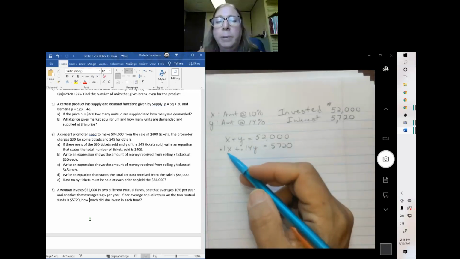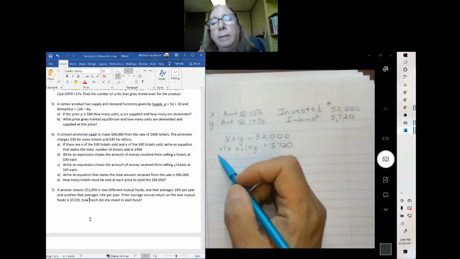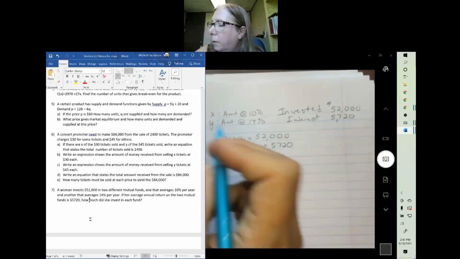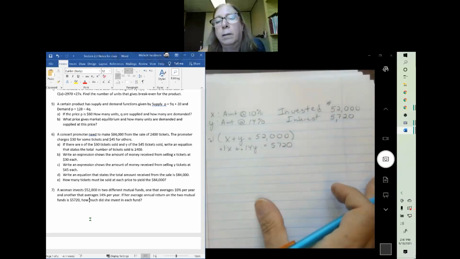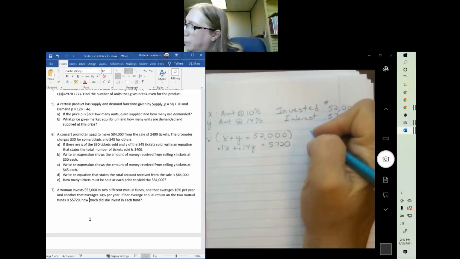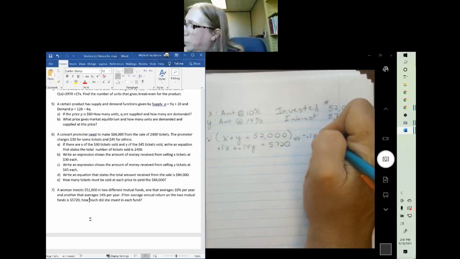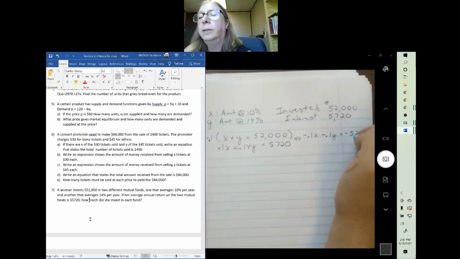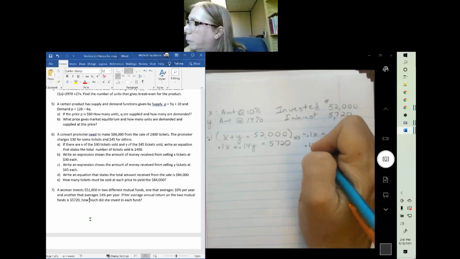Now you could use elimination. We could multiply through by negative 0.1, so that one of them's negative, and add down, or you could substitute. I'm going to multiply by the negative 0.1 so that I have negative 0.1 x minus 0.1 y equals negative 5,200. And then I'm going to bring my other part over.